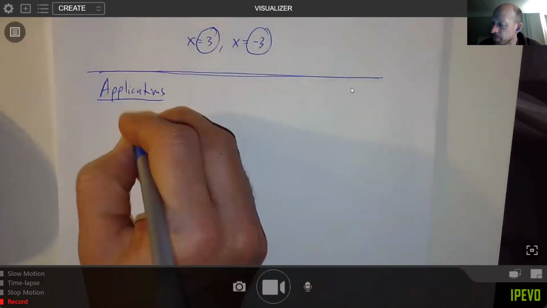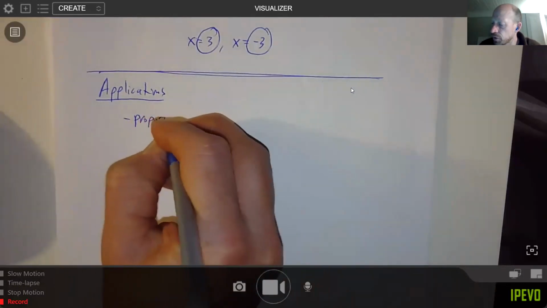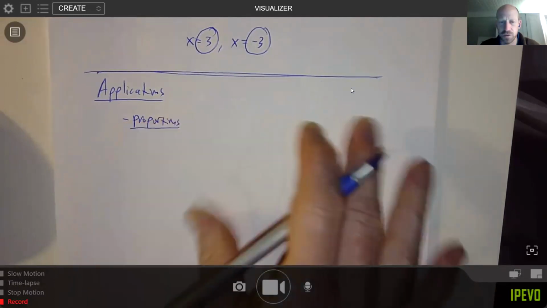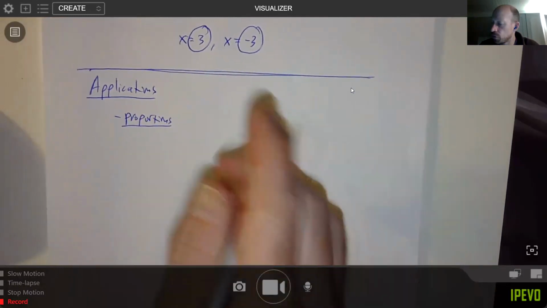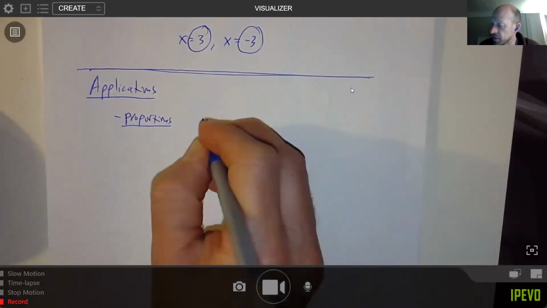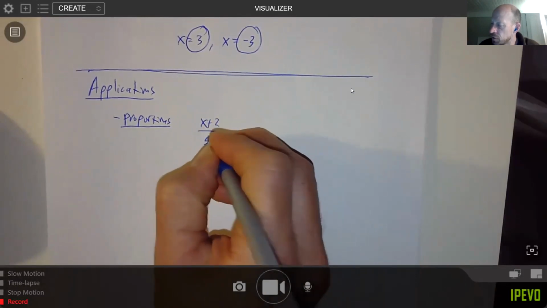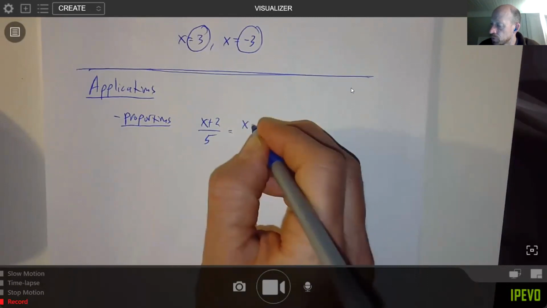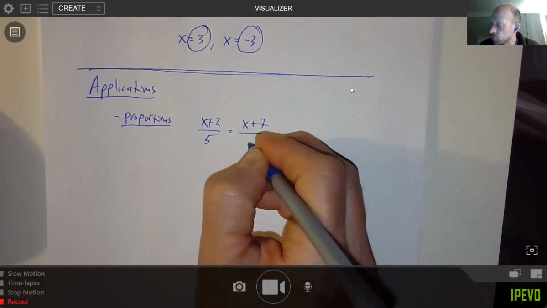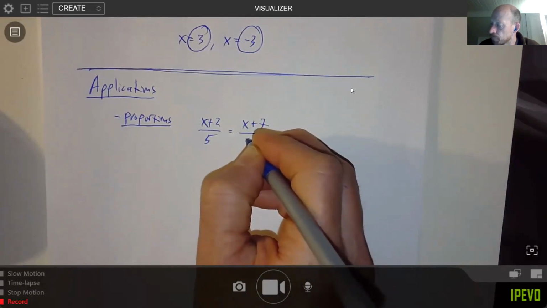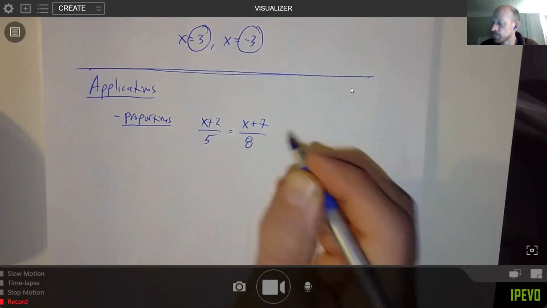So a lot of the applications that you start off with are going to be what are called proportions. So a proportion looks something like this: x plus 2 over 5 equals x plus 7 over 8.